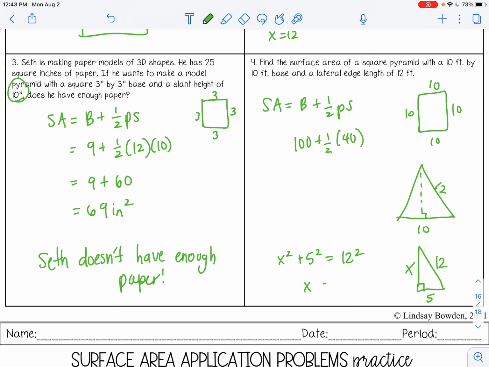That's going to give me about 10.9. All right, type that in my calculator, and I get 318 feet squared. All right, you can stop the video and complete your practice.